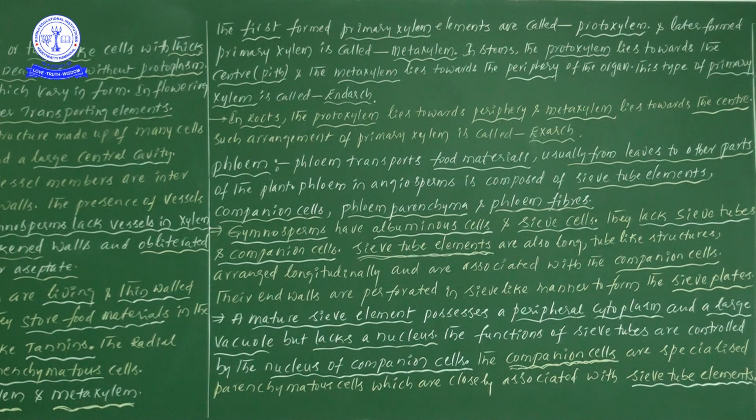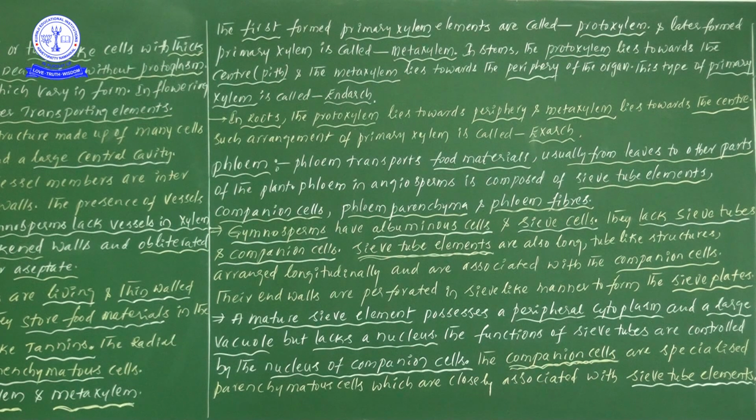Likewise in phloem, food materials are conducted in two ways: bidirectional or multidirectional movement of food materials, but water molecules conduct only in unidirectional. That particular point you try to remember.